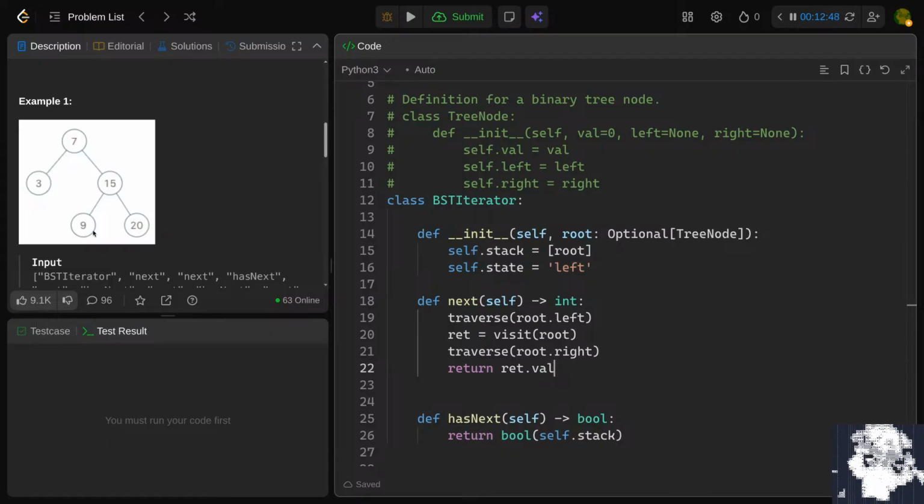And then we yield the node up. This should not be this hard to think through.